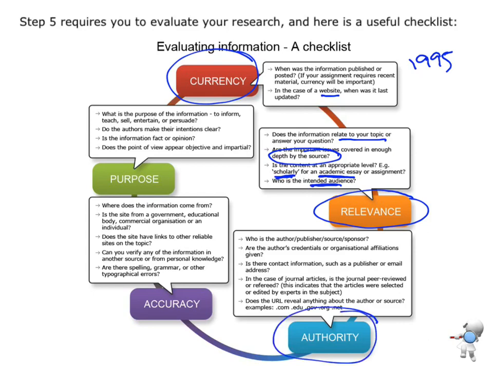Okay, so another idea is this idea of authority. So looking at who is the author or publisher or source of that report, because that can be quite important. If I know, for example, it's been published by Statistics New Zealand, or they are a branch of the government that are employed to gather and analyse statistics for the country, so I would trust any sources of data that comes from there, any reports that come from there.